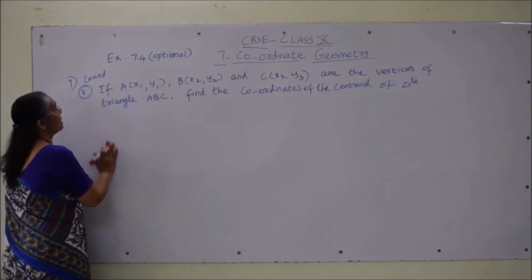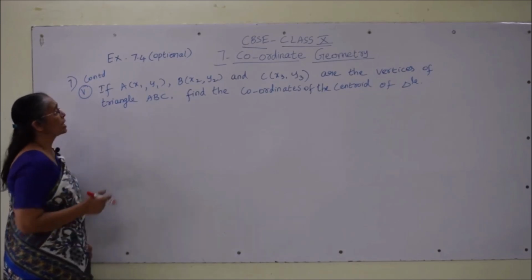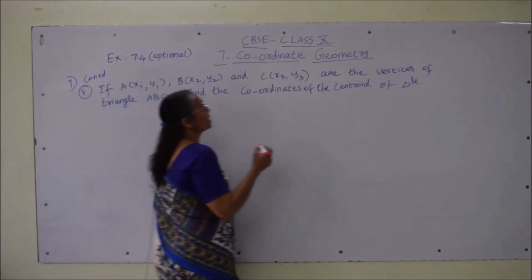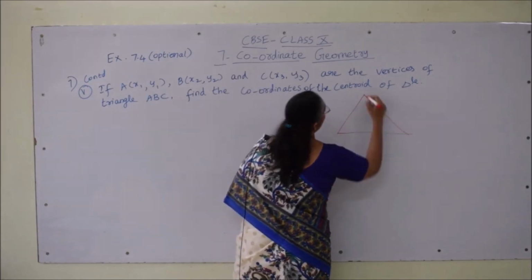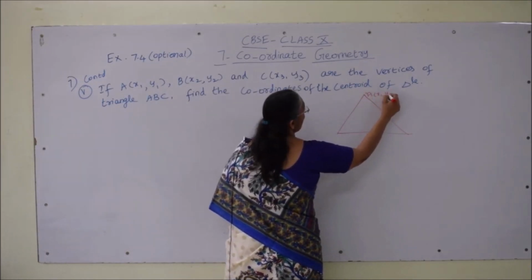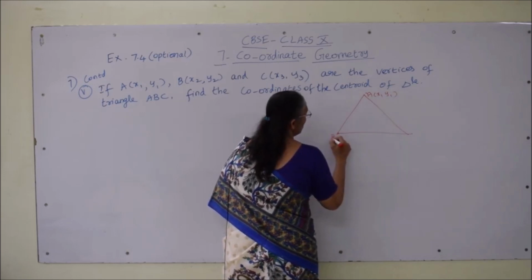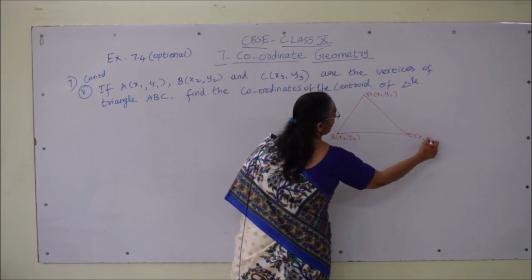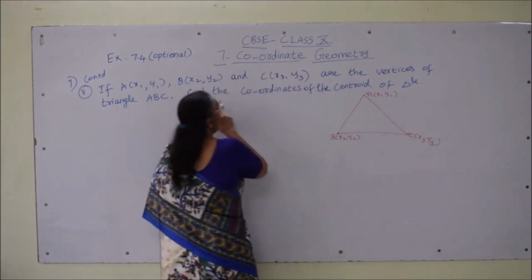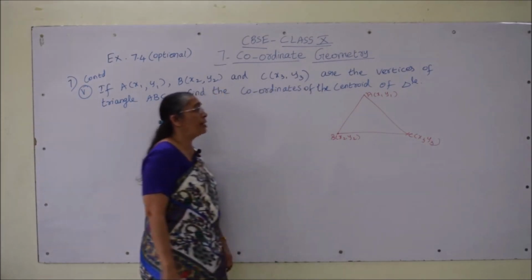Now, fifth bit in seventh problem: if A (x1, y1), B (x2, y2) and C (x3, y3) are the vertices of triangle ABC, find the coordinates of the centroid of the triangle.